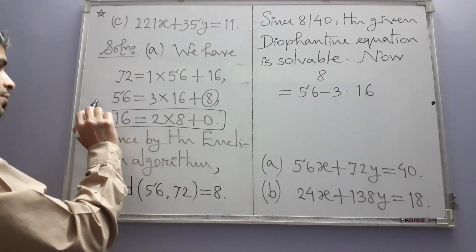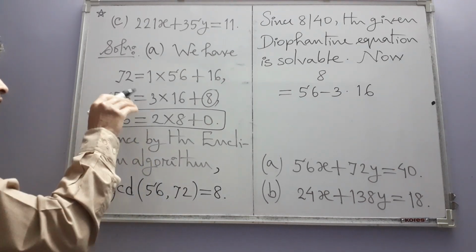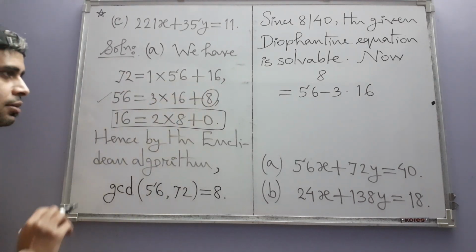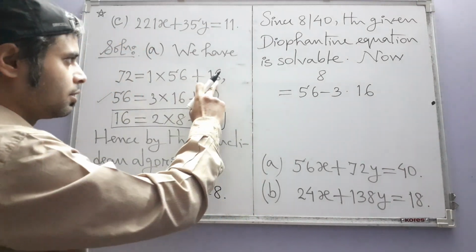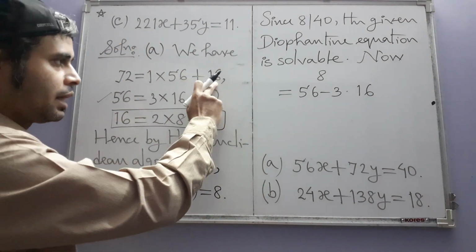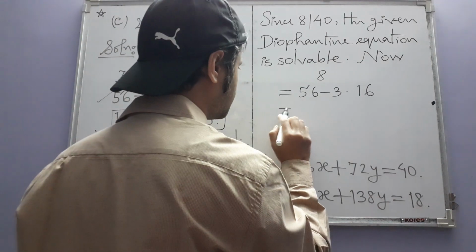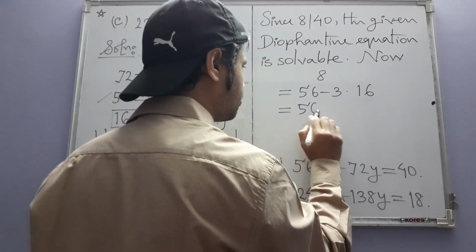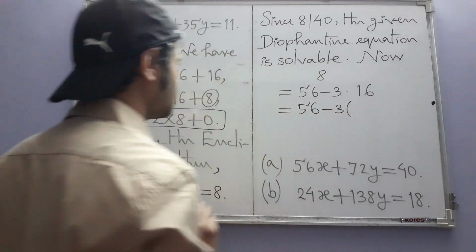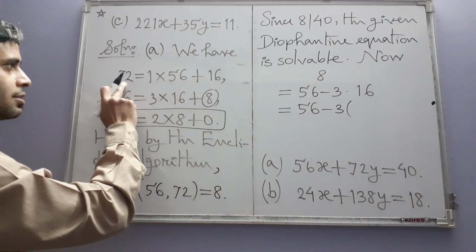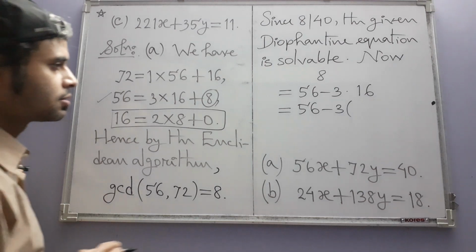So that means we have used this equation, then the previous one, and in using the previous one we are going to replace the remainder that we have in the previous one with the equivalent expression, that is 56 minus 3 times, in place of 16 we are going to write 72 minus 56.